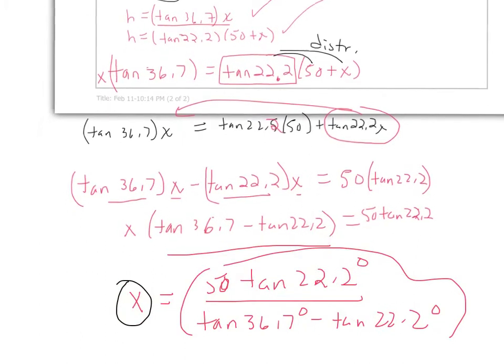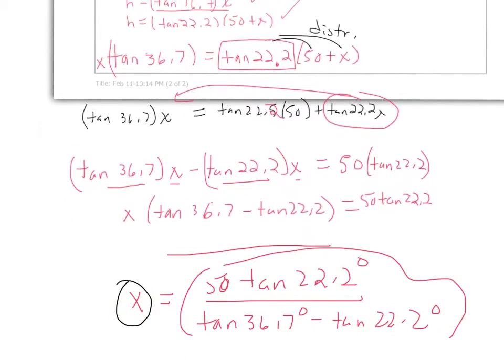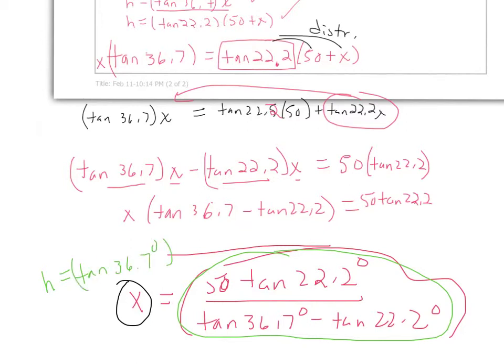So after all that sweat equity, when you arrive at your x, know that to get height, note to self, I'll have to take this lovely expression and multiply it by tan of 36.7. So tan of 36.7 degrees times x, where x is all of that.